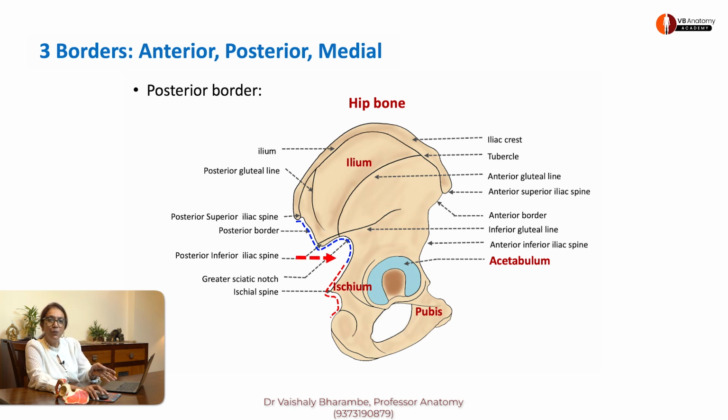Thus you can see that the posterior part of the hip bone shows presence of two notches, a greater sciatic notch and a lesser sciatic notch. So with this formation of greater sciatic notch and lesser sciatic notch, on a very interesting note, according to me, we are stopping our discussion on hip bone part 1.